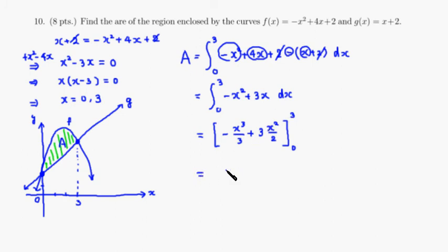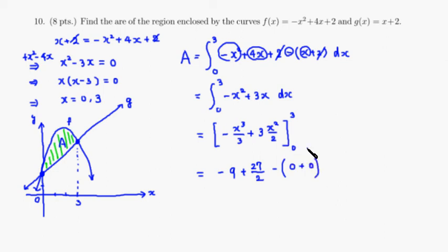So we plug in 3. Negative 3 cubed over 3: 3 cubed is 27, and dividing by 3 it's just negative 9. Then plug in 3 here, so it's plus 3 squared times 3 over 2, which is 27 over 2. Then subtract the lower limit, which is 0 anyway.